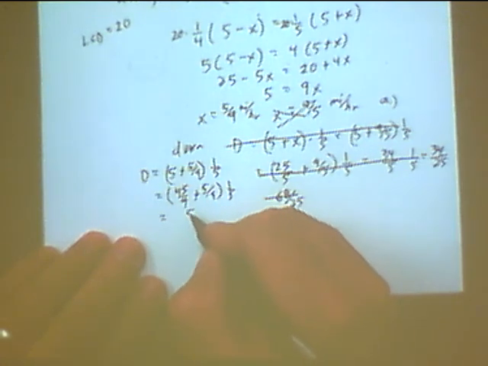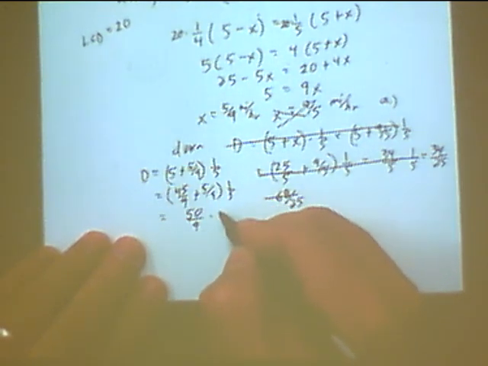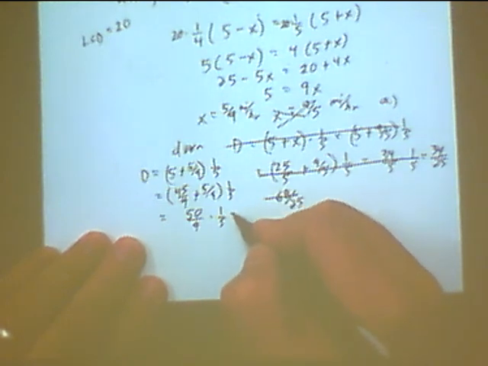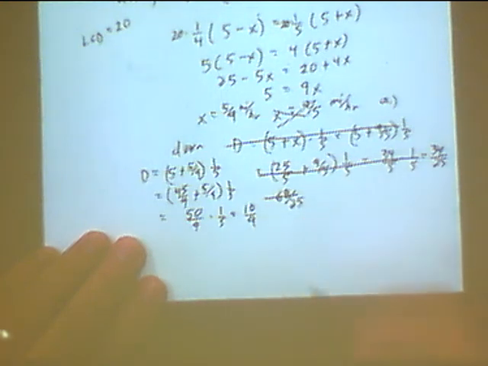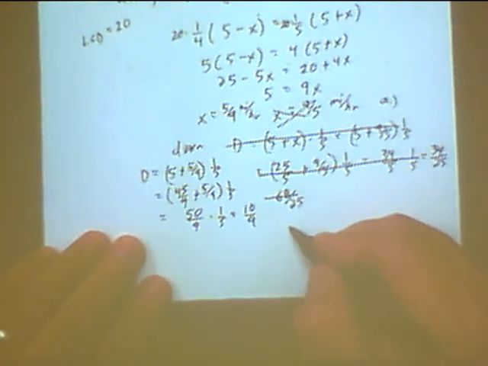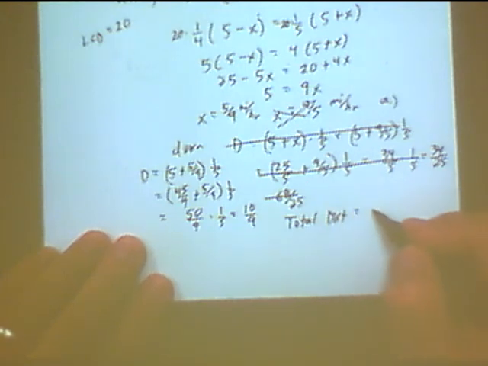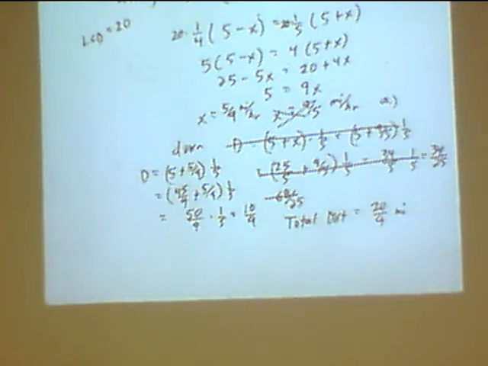That's 50 over 9 times 1/5, which is going to be 10 over 9, and that's only half the trip. So the total distance would be 20 over 9 miles. Wow. All right, I believe that's correct. So that's an example of a problem about rowing. Very common kind of story problem.